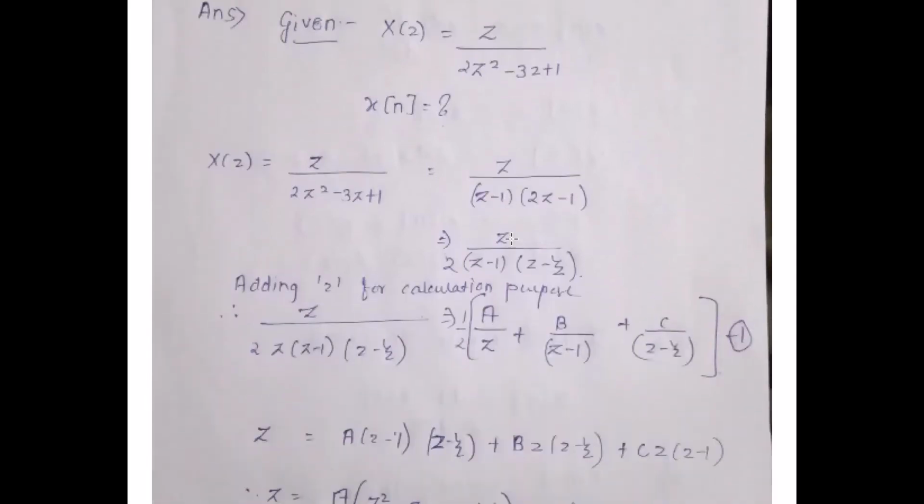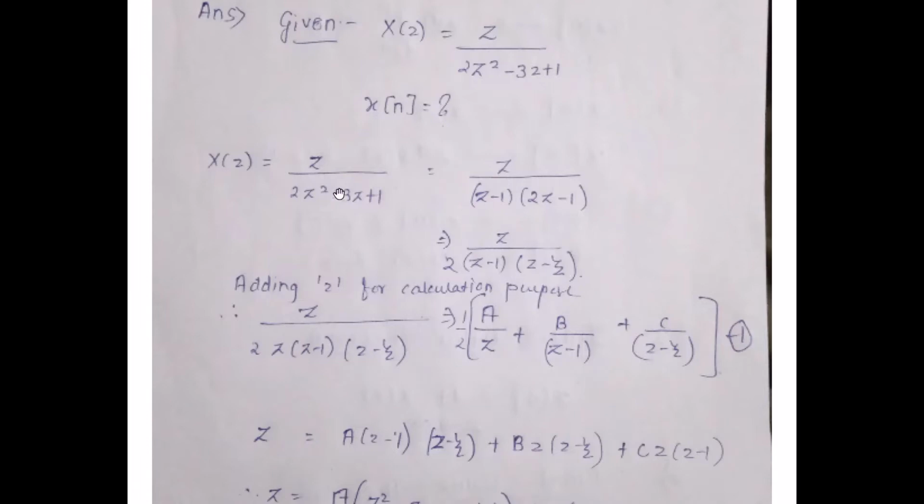If you look over here, x of z is given as z upon 2z square minus 3z plus 1, that is equal to z upon (z minus 1) into (2z minus 1). Now what you need to do is take 2 out from here, and what remains is z minus half.